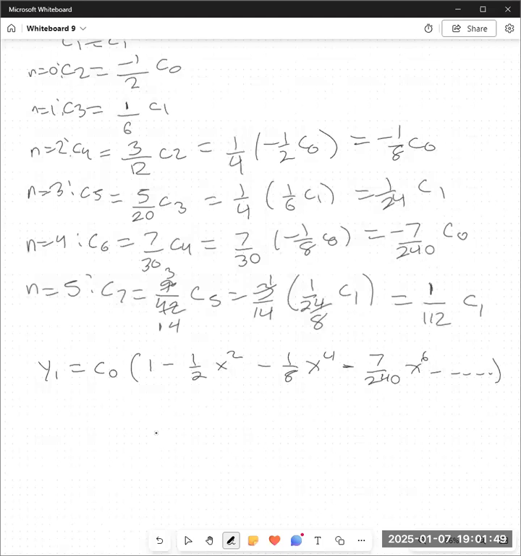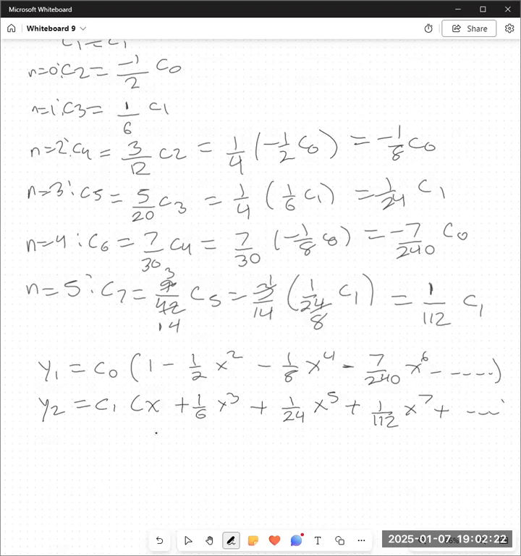You see the C0 terms are negative here, the C1 terms are positive. y2 equals C1 times x plus 1/6 x cubed plus 1 over 24 x to the 5th plus 1 over 112 x to the 7th plus dot dot dot.